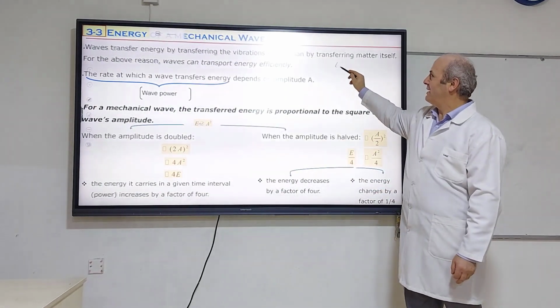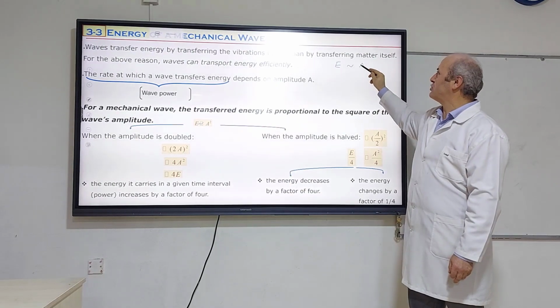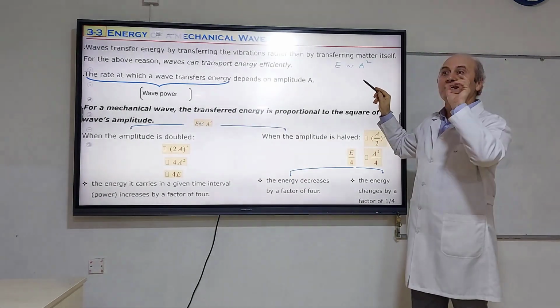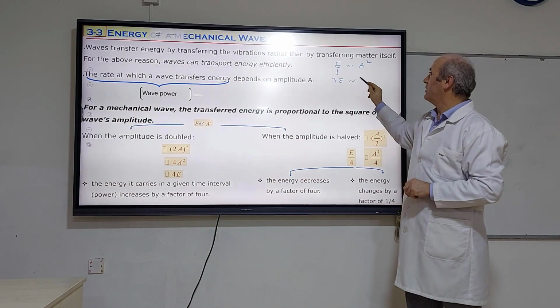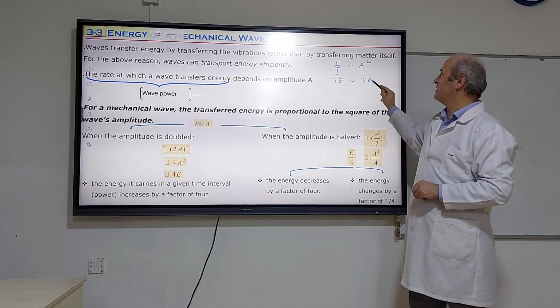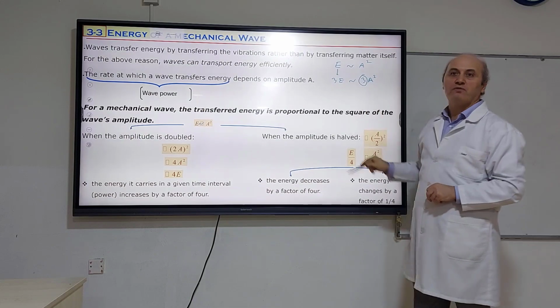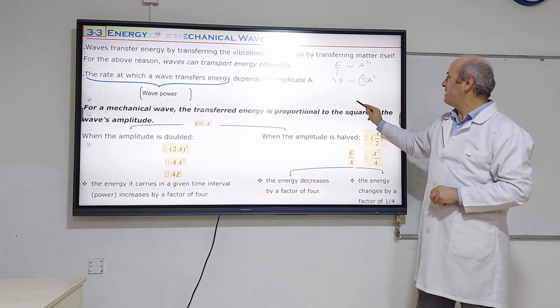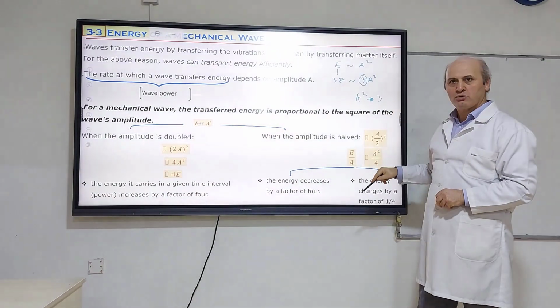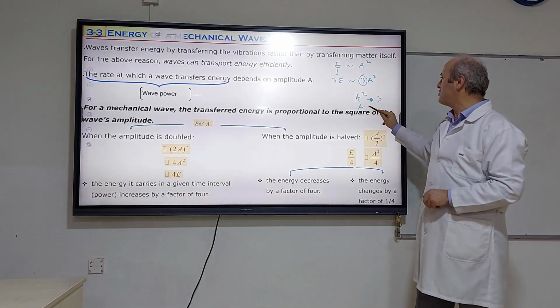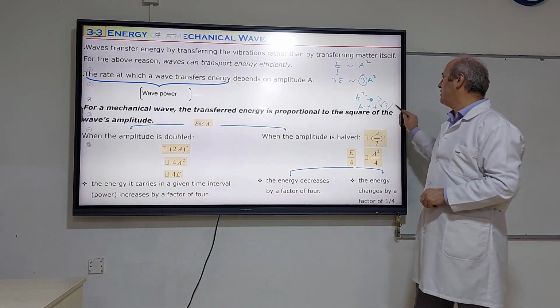Let's do it. Energy is proportional to a squared. If you want energy to increase by 3, to make it 3E, the right side must also be 3 times a squared. This is a change factor of what? a squared has a change factor of 3, but we are looking for a, so take the root. a is going to have a change factor of root 3.